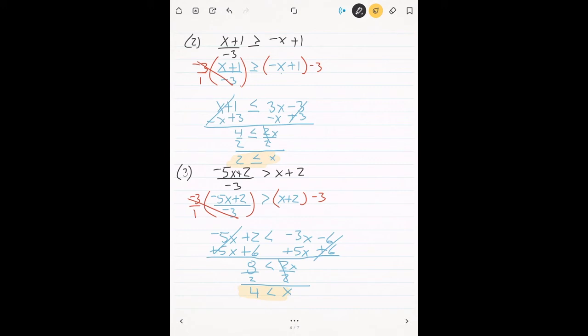We want to write these solutions in interval notation. And sometimes drawing a number line will help us out with this. So what I'd like you to do is pause the video, take a minute for yourself, and try to draw the number line that's being represented for each of these inequalities.